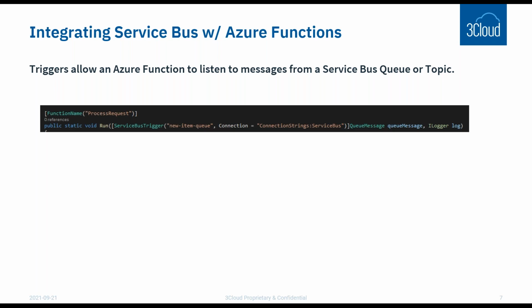You could also use the Message class that comes with the Service Bus extensions, where you can read in certain metadata about the message as well as the message information. And it allows you to include an ILogger implementation to log out any information you want within this function app.